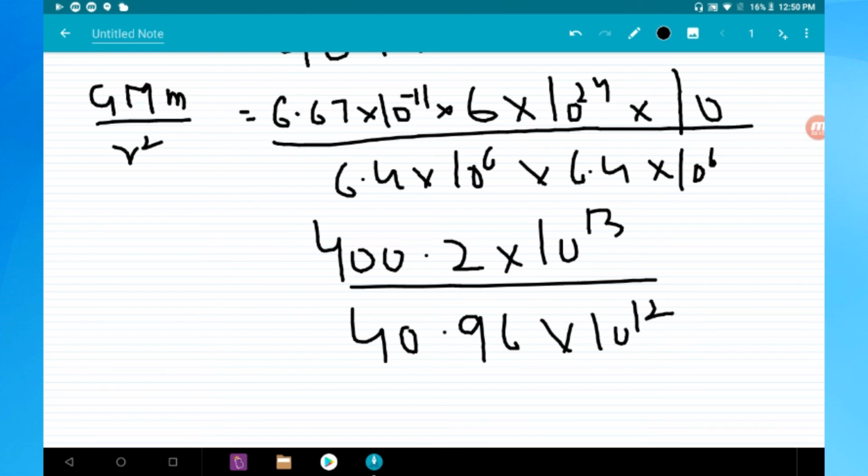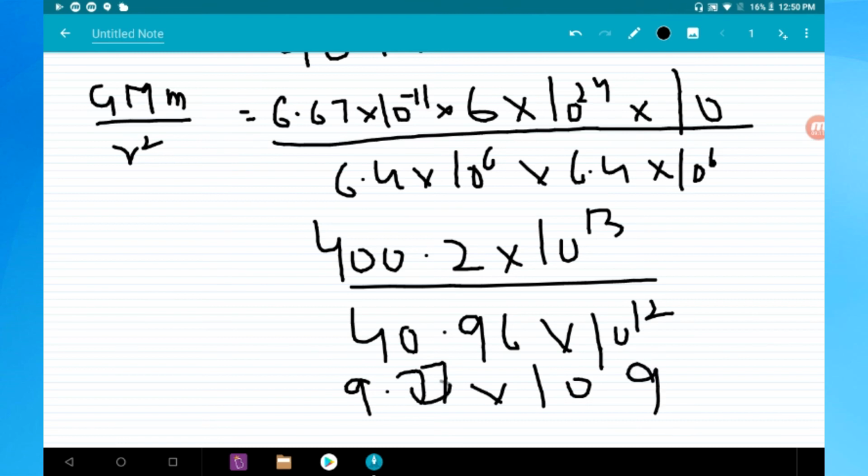So just divide 400.2 by 40.96. It gives us a value of 9.77 into 10 to the power 1. That's 97.7.